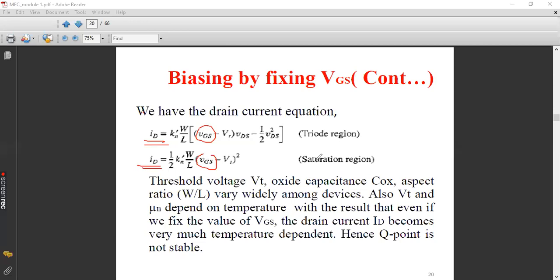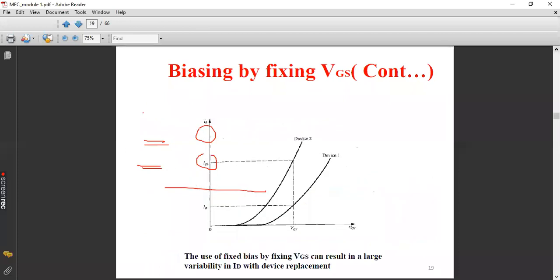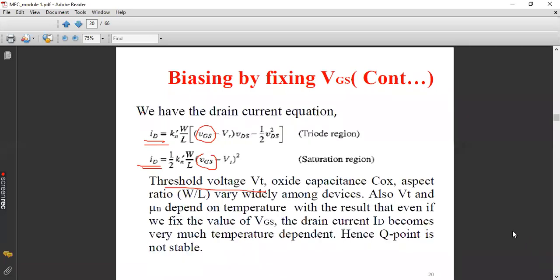What would be the probable reasons for this? The reason is the difference in the threshold voltage VT, isn't it? I told you before, device 1 has a different threshold voltage and device 2 has a different threshold voltage. Because of this, device 2 has already started its conduction well in advance when compared to device 1.